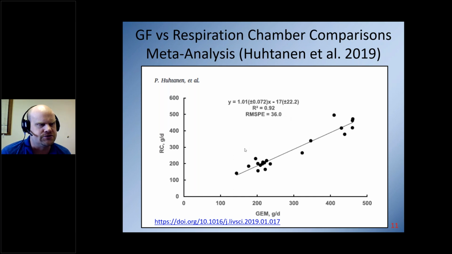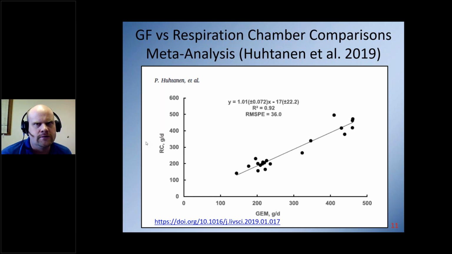And in this case, there's a root mean squared percentage error of about 36. So we have at a high level some decent agreement between GreenFeed and chambers. But when you do a direct comparison with two methods, there's always some confounding effects.